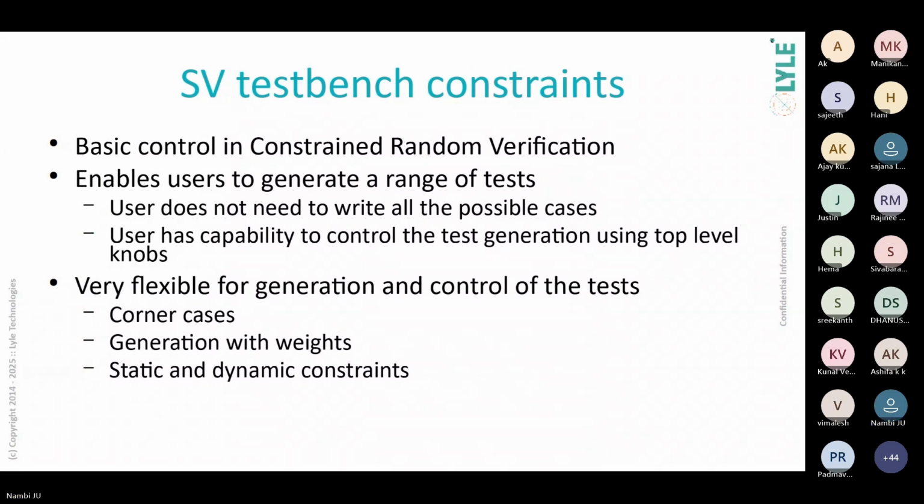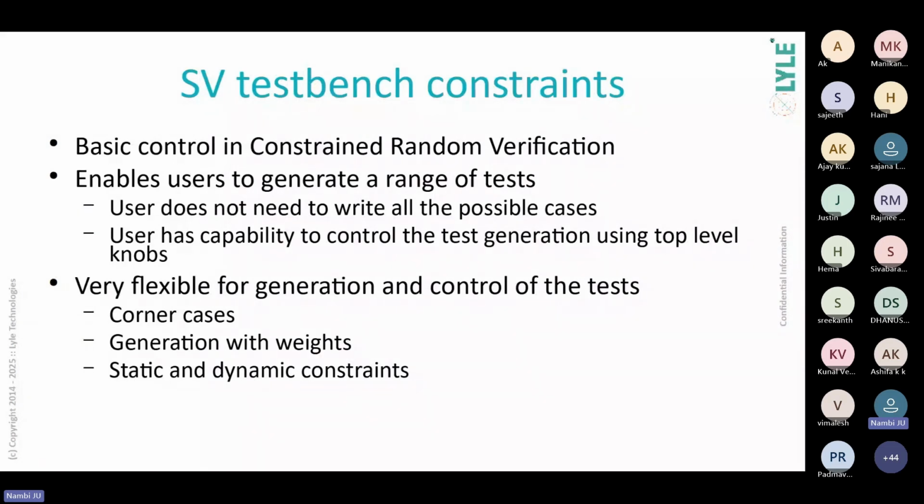It enables you to generate a range of tests, and the user does not need to write all possible cases. If there are different use cases or different capabilities that you want to check for the design, the DV engineer does not need to write all of these explicitly.